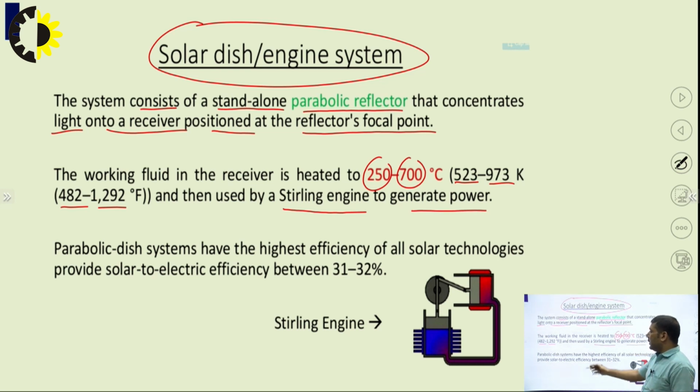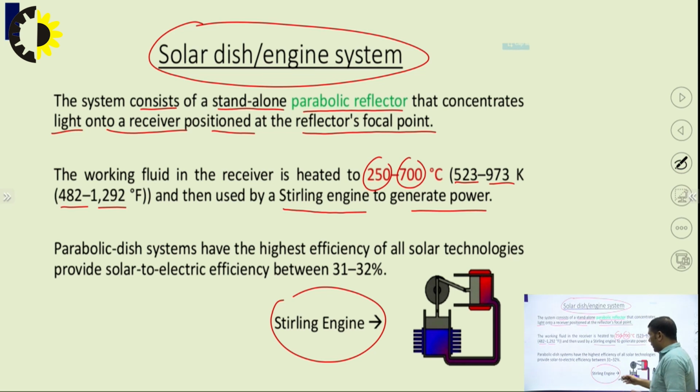The parabolic dish system has the highest efficiency of all the solar technologies, providing solar to electric efficiency of between 31 to 32%. This is a pictorial diagram of the Stirling engine. The concept is basically the same. When the sunlight comes onto a particular mirror, it is concentrated toward some fluid, and the fluid is heated due to the concentrated sunlight reflected by the mirrors, and that steam is used to run the turbines to produce electricity.